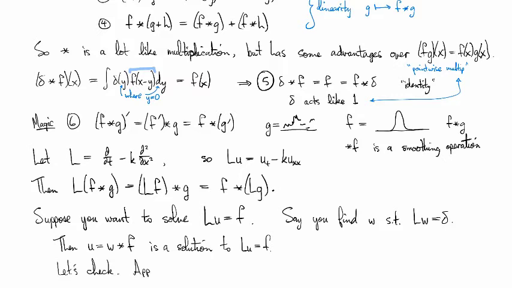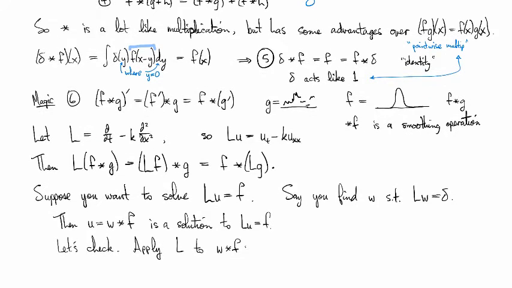So how will we check? Apply L to W star F. So if we look at L of W star F, then by the magic property, we can put L wherever we want. So I'm going to put it on W.